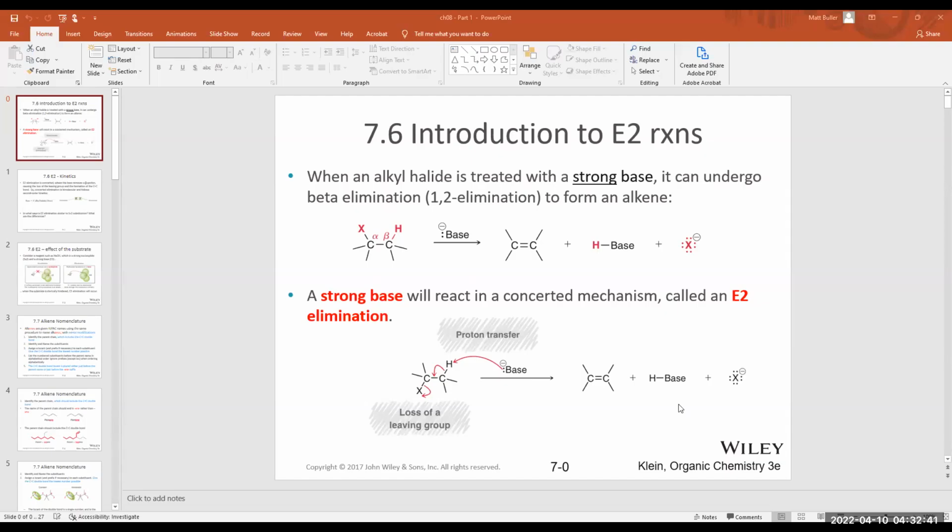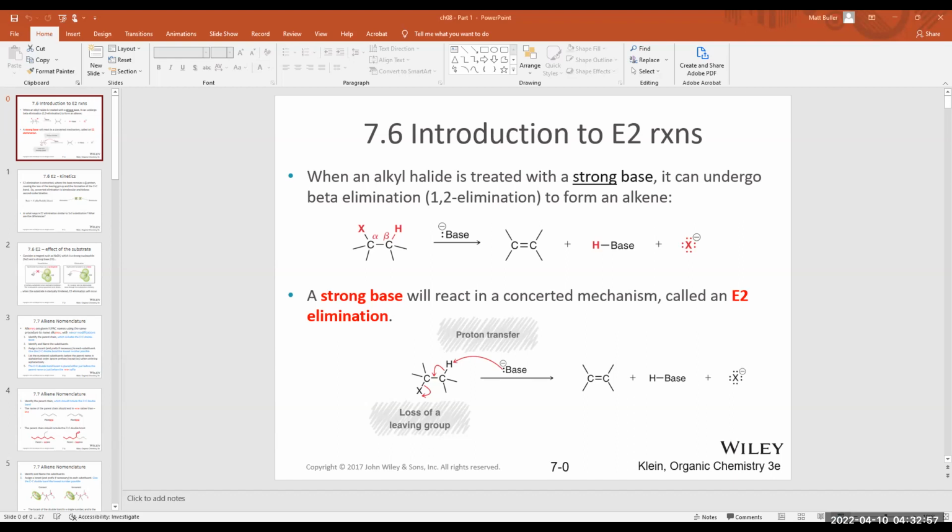Now, depending on the edition of the book that you have, this might be chapter 8, or it might be contained also in chapter 7, along with SN2 and SN1 and E1 reactions.